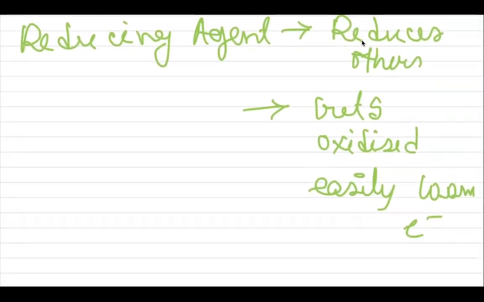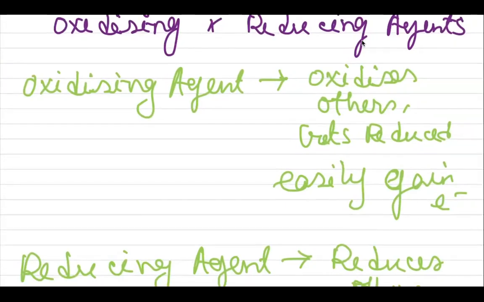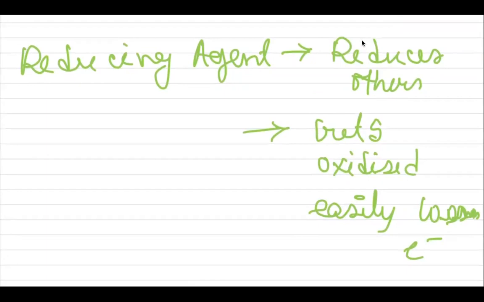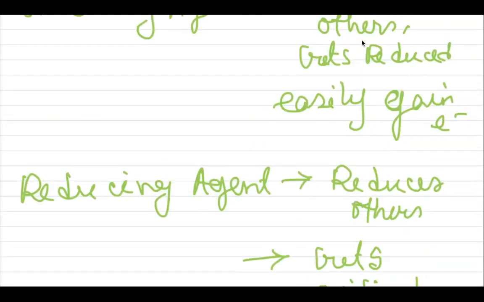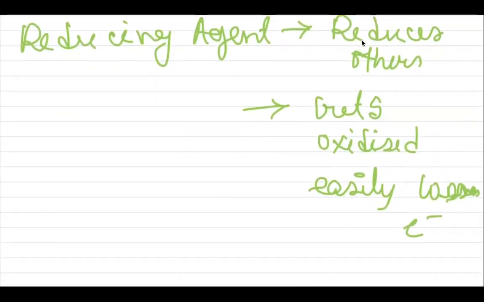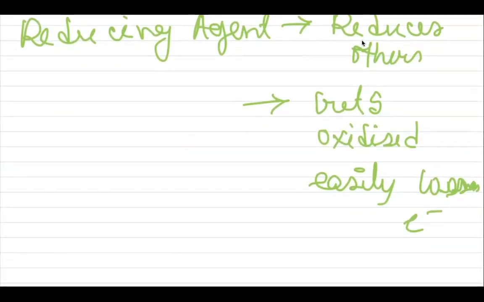Sorry, easily loses electrons. So an oxidizing agent oxidizes others, gets reduced itself, and easily gains electrons. Whereas reducing agents reduce others, get oxidized themselves, and easily lose electrons. Clear? Oxidizing agent gains electrons easily. Reducing agent will lose electrons easily.